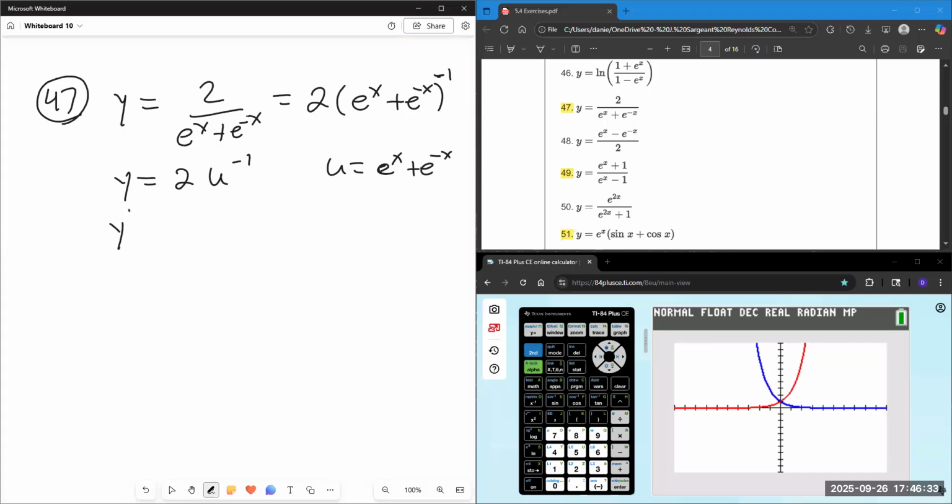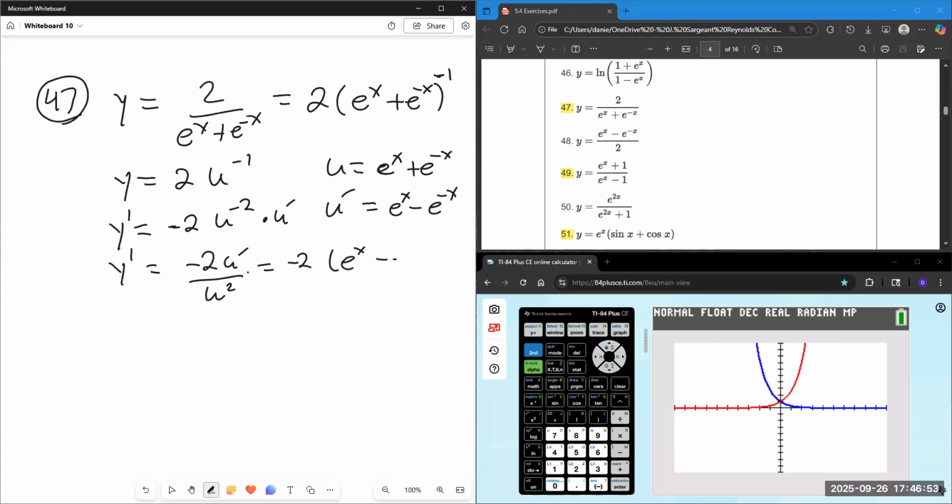That makes y prime equal to a negative 2 u to the negative second times u prime. U prime is e to the x minus e to the negative x. So y prime will be a negative 2 u prime over u squared. Let's look now at 49.